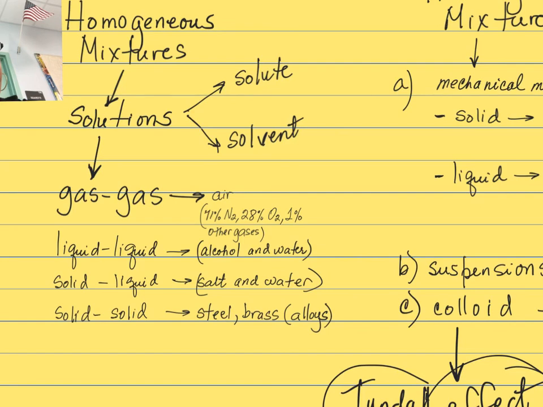Okay, so alcohol. If you put alcohol in a glass, let's say that you're putting 5 milliliters of alcohol and then you're adding 20 milliliters of water, what's going to happen? Are you going to be able to see the difference? No, because alcohol is miscible in water.